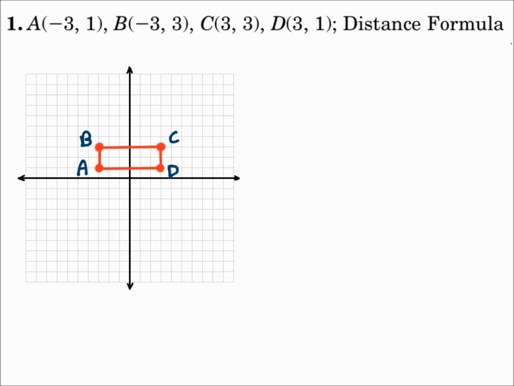For number 1, they give you this quadrilateral. And it says use the distance formula. And since I know that if the diagonals are congruent, then it's a rectangle, then let's go ahead and find the lengths of each diagonal.